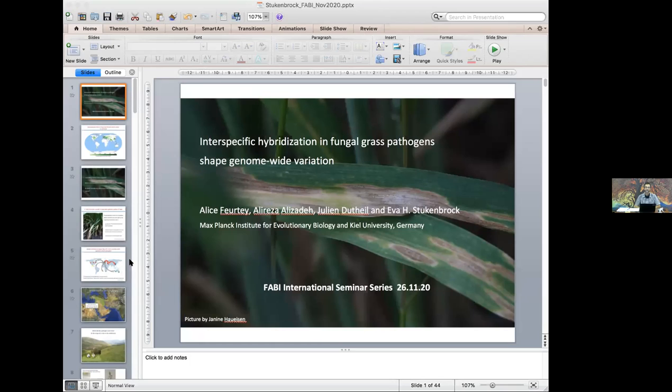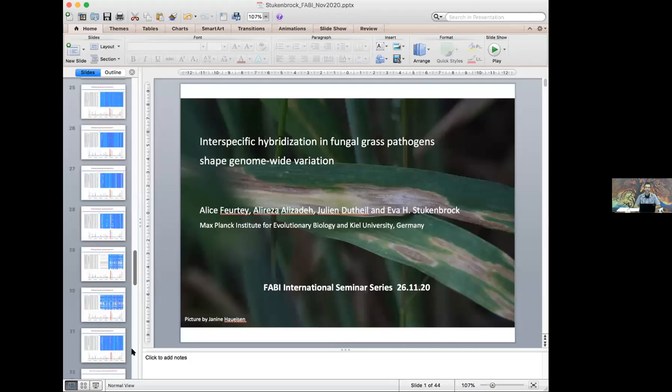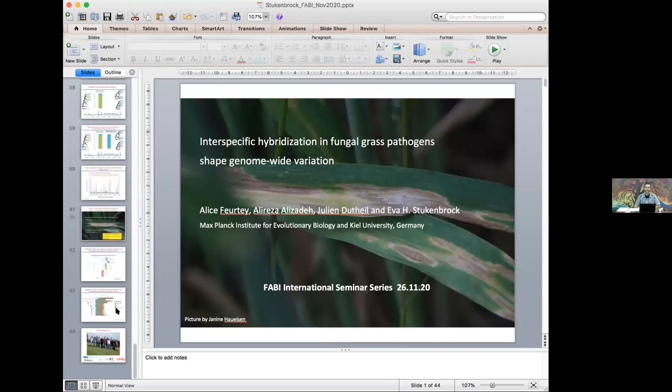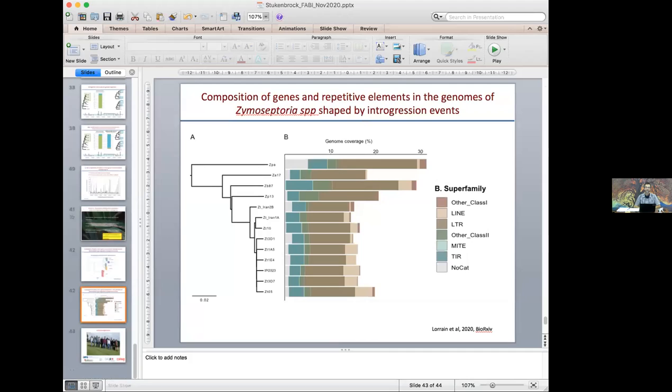Sometimes we see that in a group of fungi, there's only one species that got a very dramatic expansion of transposable elements. So I wonder if there are other mechanisms that also help the spread of these transposable elements. Other than hybridization between species, do you think we have another dominant way of transferring TEs across very distantly related fungal species?